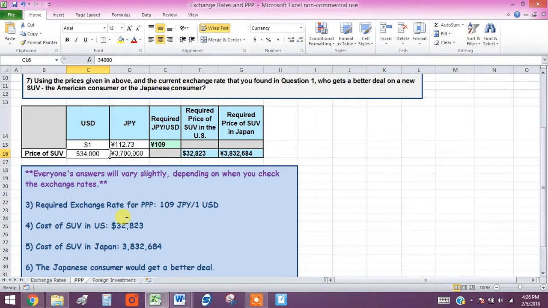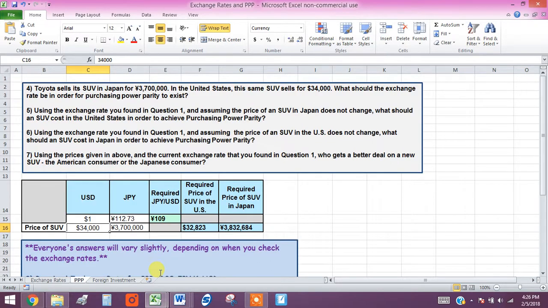So we can say that the Japanese consumers would get a better deal because the purchasing power parity exchange rate would actually make the Japanese have to pay more. So as it stands, they're paying less.